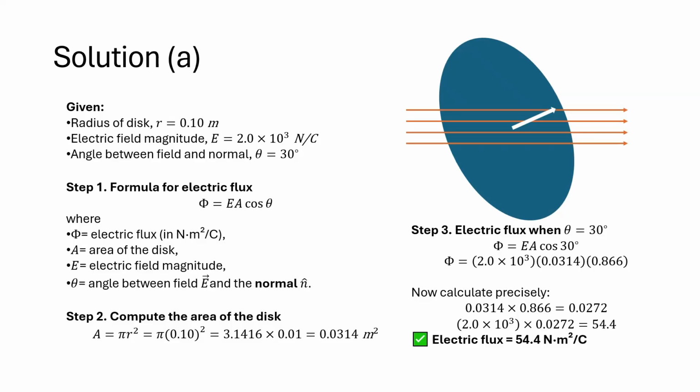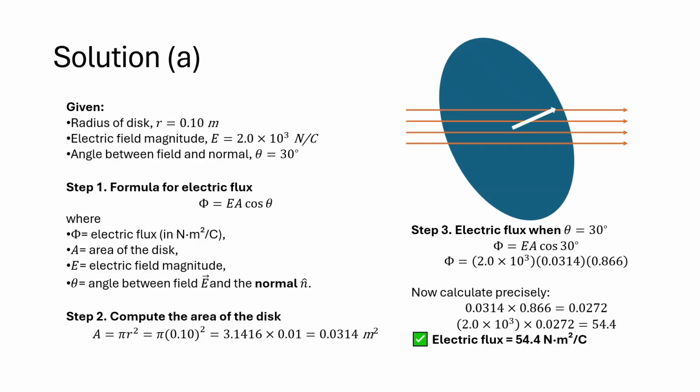The phi here in the equation represents the electric flux. So the unit that we're going to use here is newton times meter squared per coulomb, and the area, of course, is the area of the disk, and the electric field magnitude, and the theta represents the angle between the field lines and the normal.